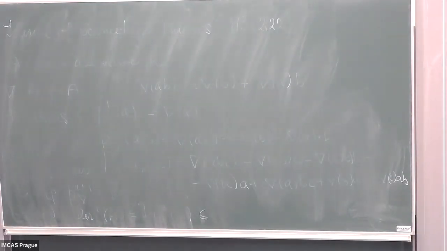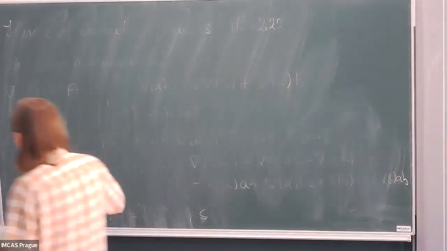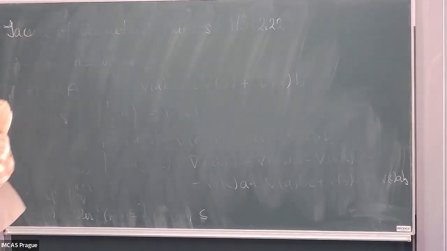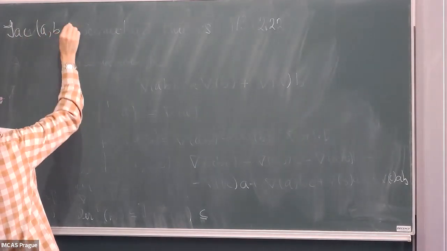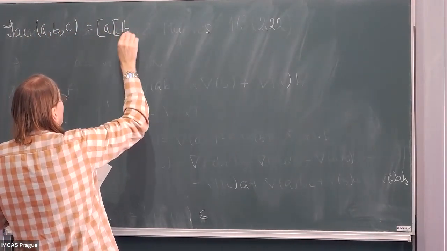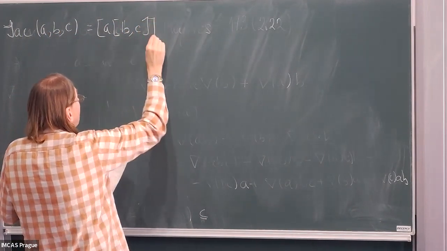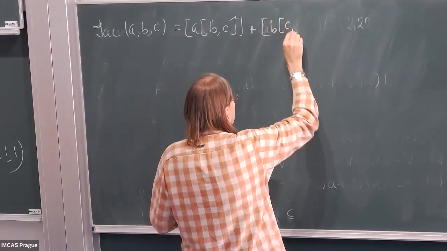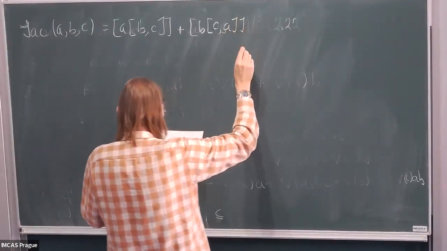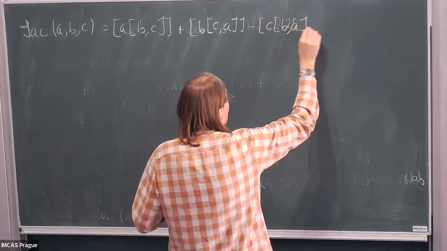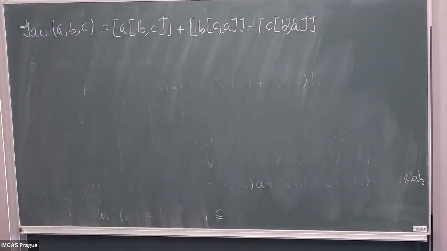So I will write the Jacobiator in a slightly different form. So here: [[A,B],C] plus [[B,C],A] minus [[C,B],A]. I use the anti-symmetry. So this is the last term. Fine.